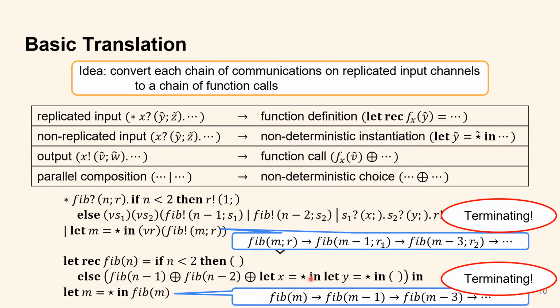Now, this sequential program is terminating, that is, there does not exist an infinite chain of function calls. Therefore, there does not exist an infinite chain of communications on the channel Fib in the process either. As a result, we can conclude that the process is terminating too.